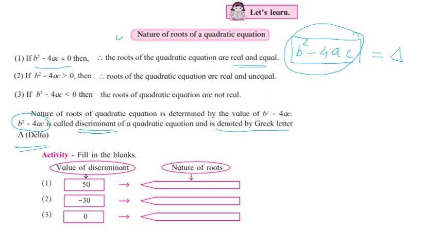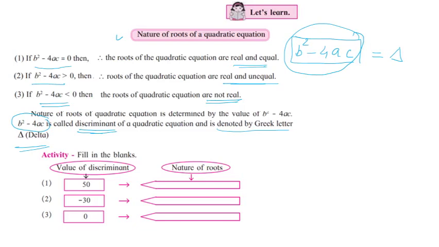If the discriminant is greater than 0, then the roots are real and unequal. And if delta is less than 0, then the roots of the quadratic equation are not real.